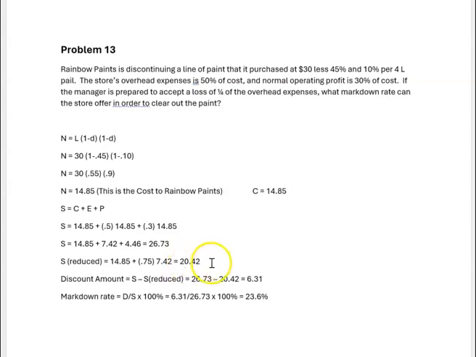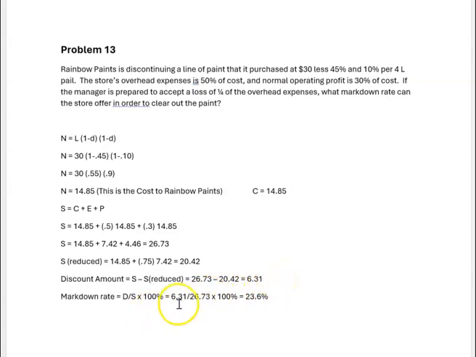So that means that we're willing to reduce the price to $20.42. So if our selling price is $26.73, our reduced price is $20.42, then our discount amount is $6.31.